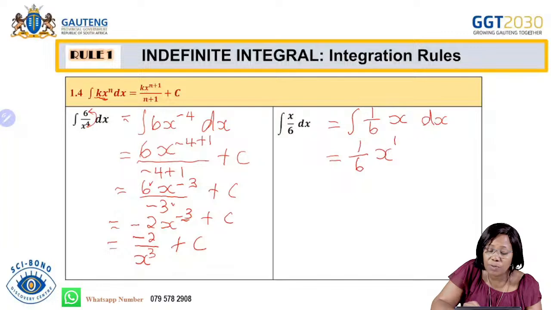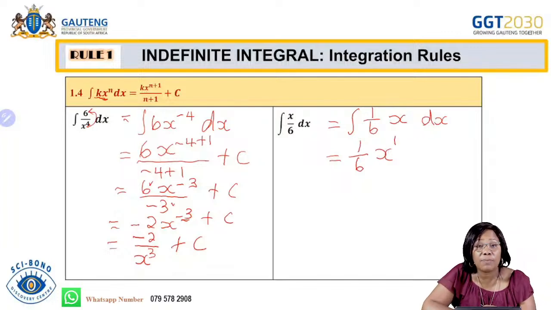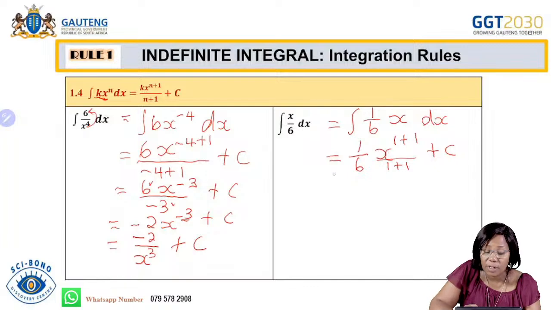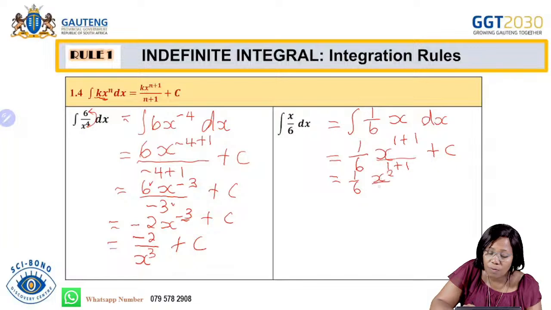Remember, this is x to the power 1 if we don't have an exponent. Therefore, we will say 1 plus 1. And whatever we are having as an exponent will also be our denominator there. Do not forget the plus c, grade 12. And then this will be 1 over 6 x to the power 2 over 2 plus c.